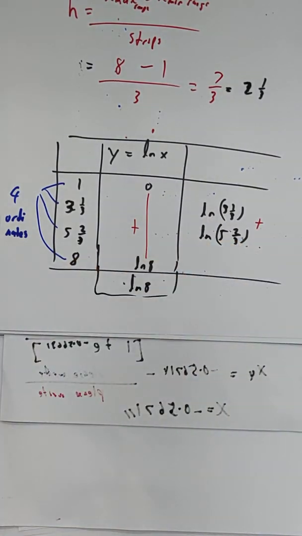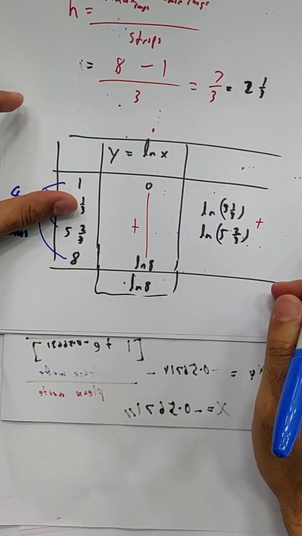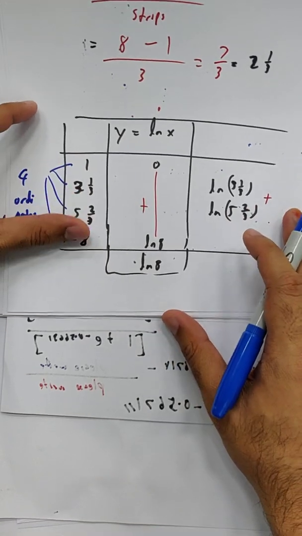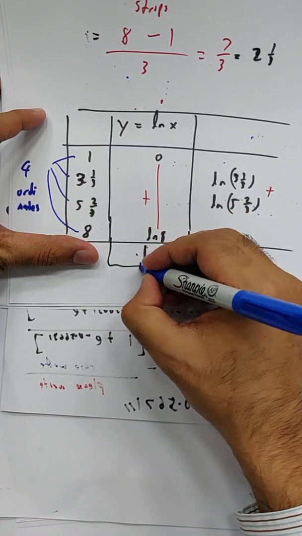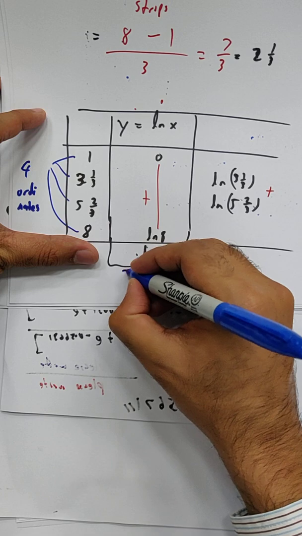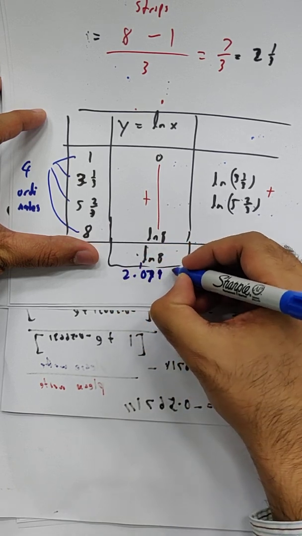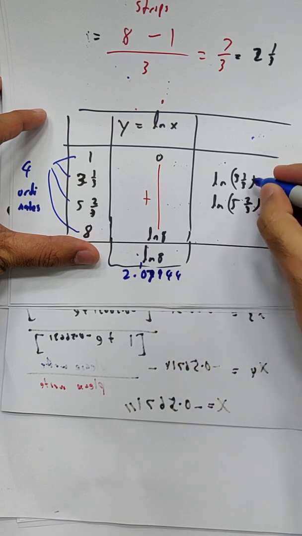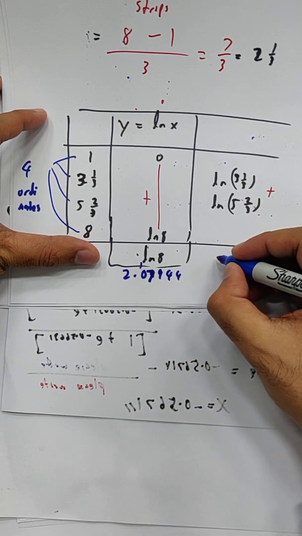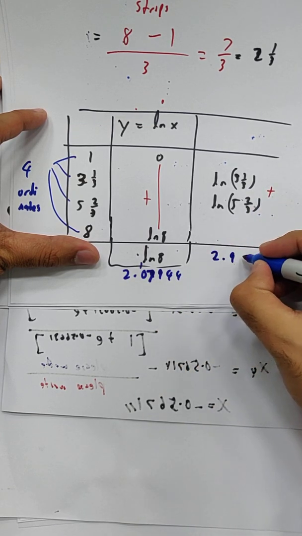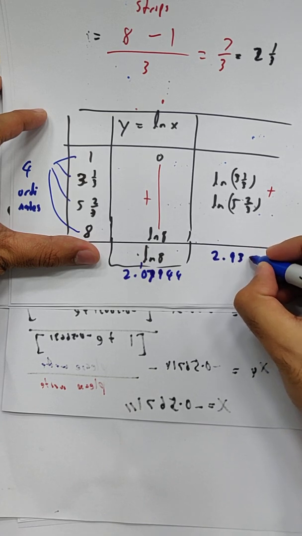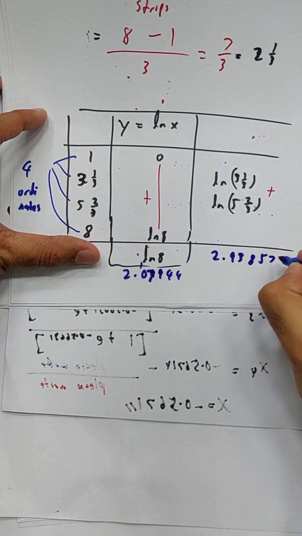If I'm not mistaken, you should get 2.07944. And this one here, if you press, you should get 2.93857.